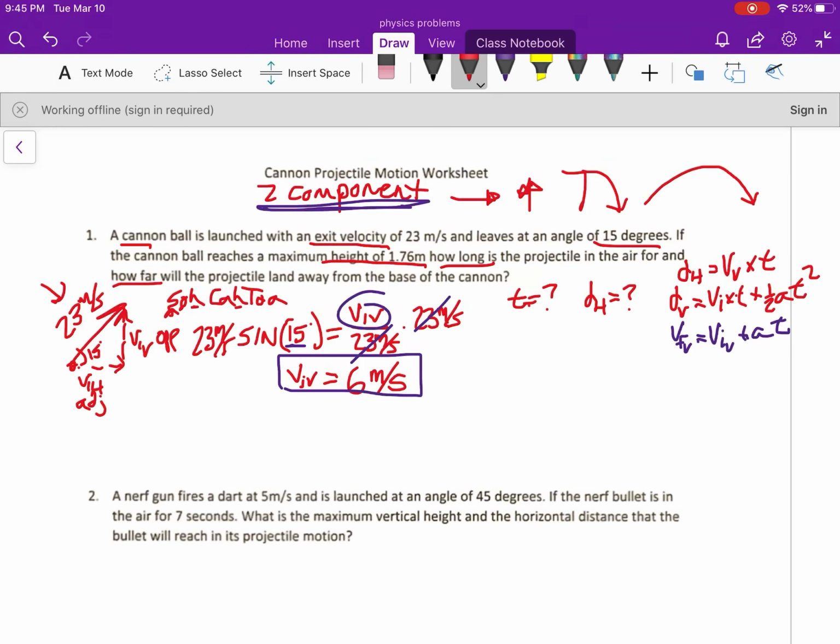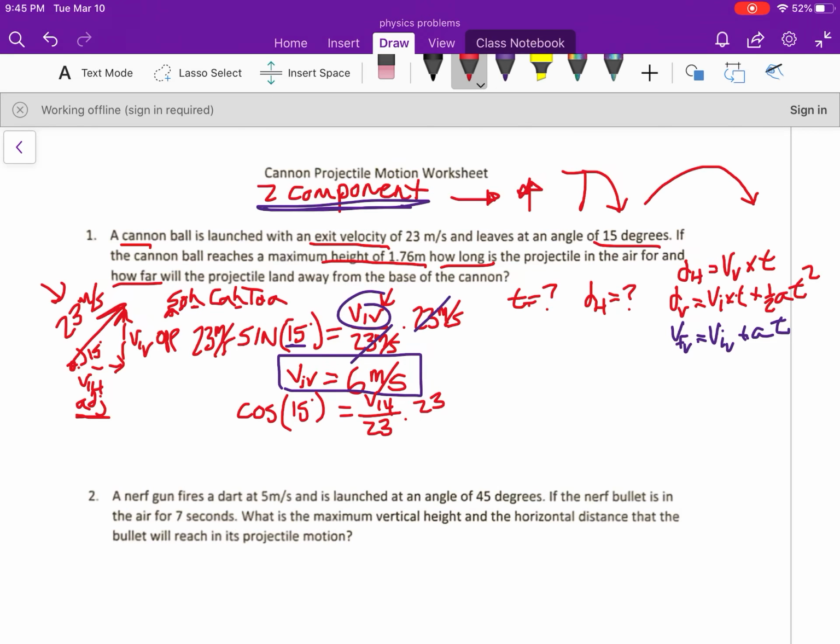When I solve my horizontal, it's the adjacent and the hypotenuse. We could also use tangent, but I just like to use cosine because it allows us to have our variable on top, which instead of doing one easy conversion by multiplying 23 to both sides, would make us have to do two. So let's avoid that and use cosine. Cosine of my angle, 15 degrees, equals my velocity initial horizontal over my hypotenuse, which is 23.